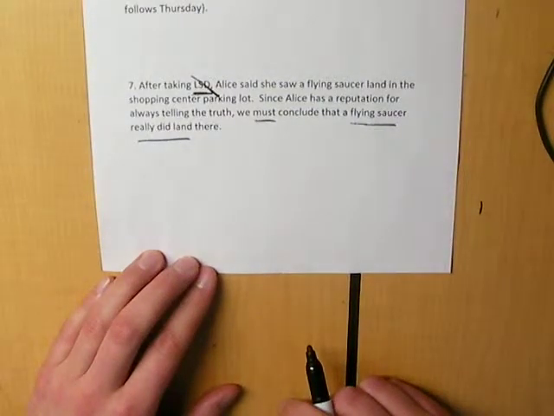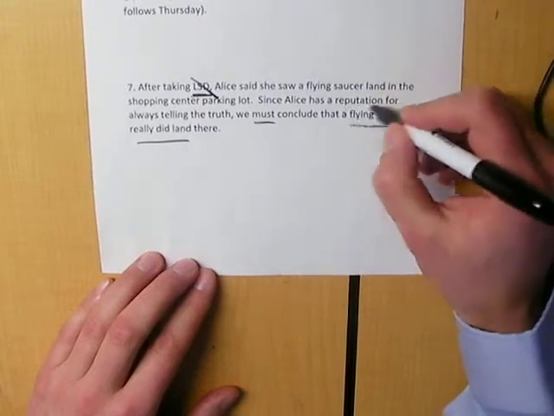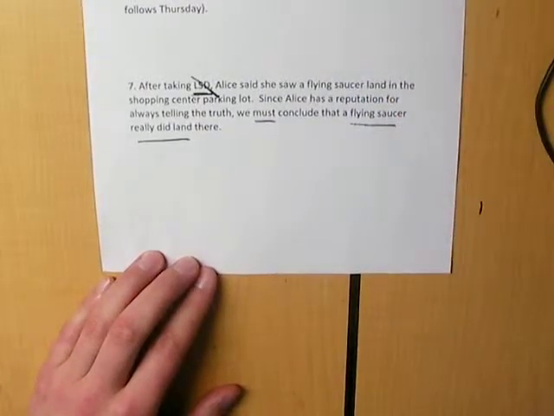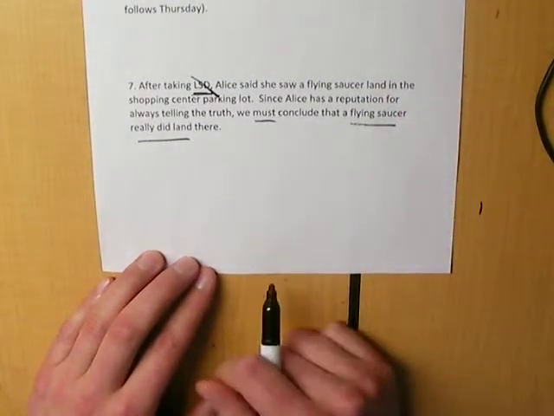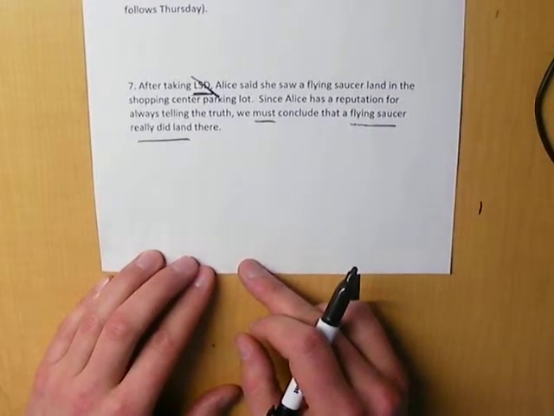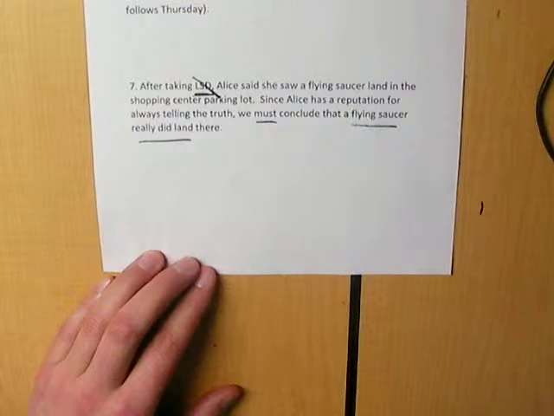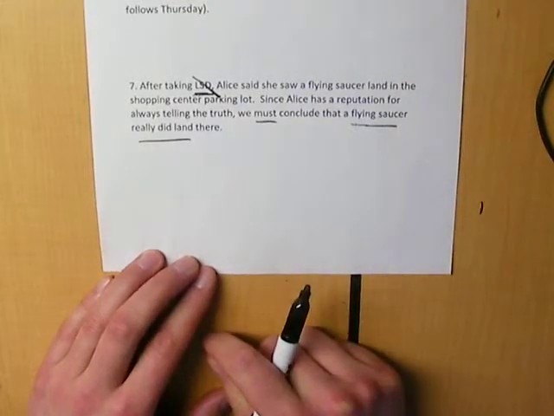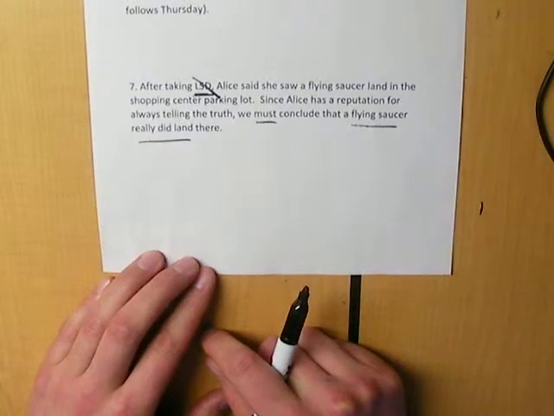Even if she told us that she saw a flying saucer, and even if she has an honest reputation for telling the truth, this would still be pretty weak. She's making a really extraordinary claim, and we're going to conclude that that's probably true based on the testimony of one individual. We would need a lot more evidence.